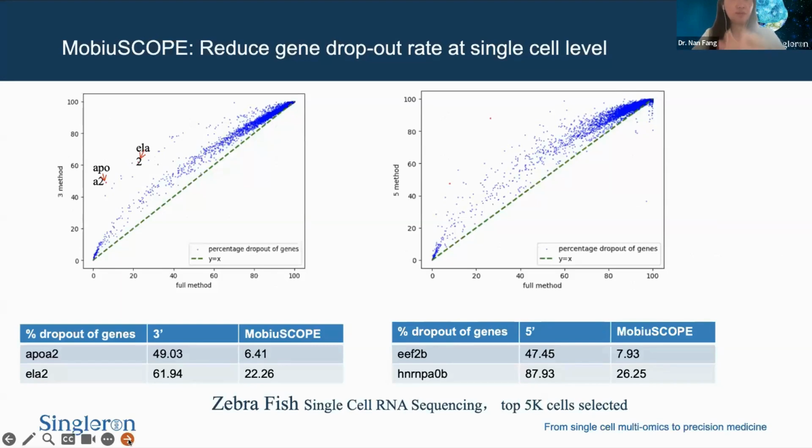So those are all potential applications of this method, especially probably also for drug discovery and clinical related applications, as you can imagine.